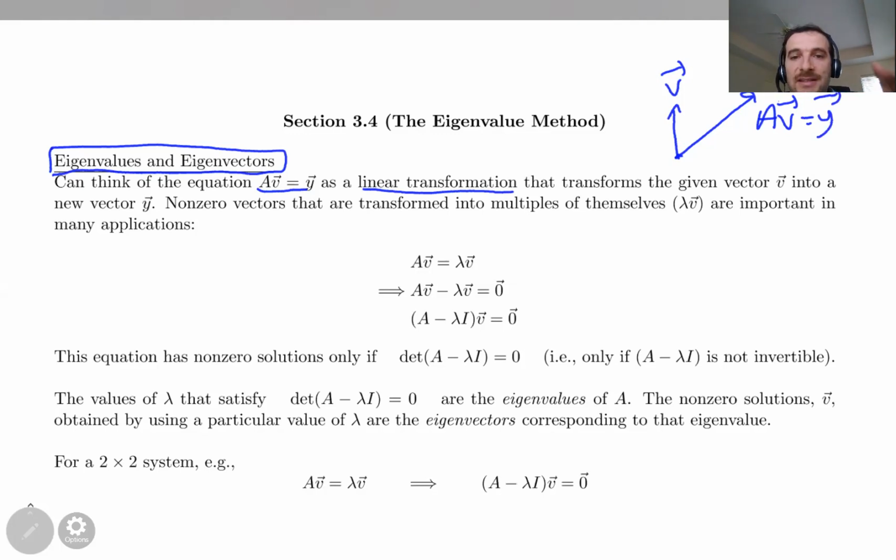But sometimes when I take a vector v and apply a linear transformation on that vector v, I just get a multiple of that vector. This is not a vector, it's a matrix.